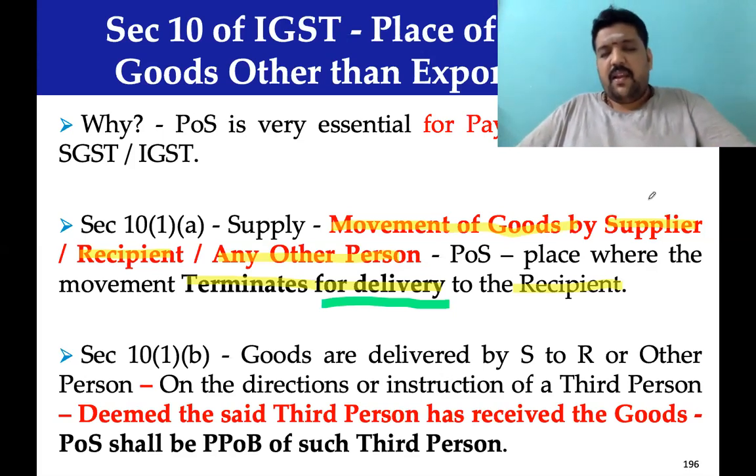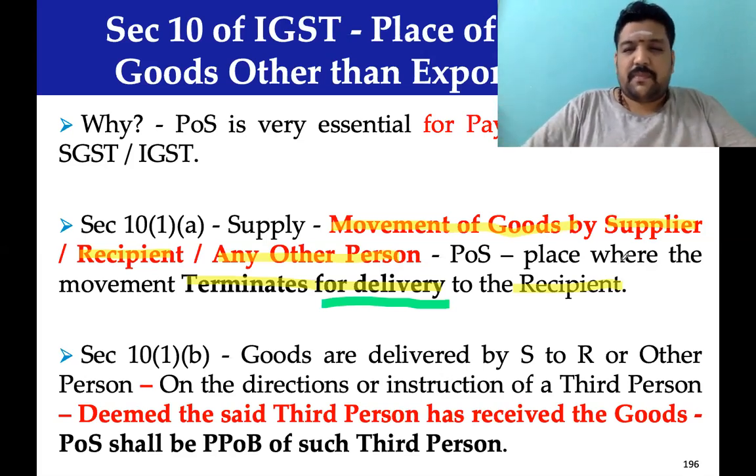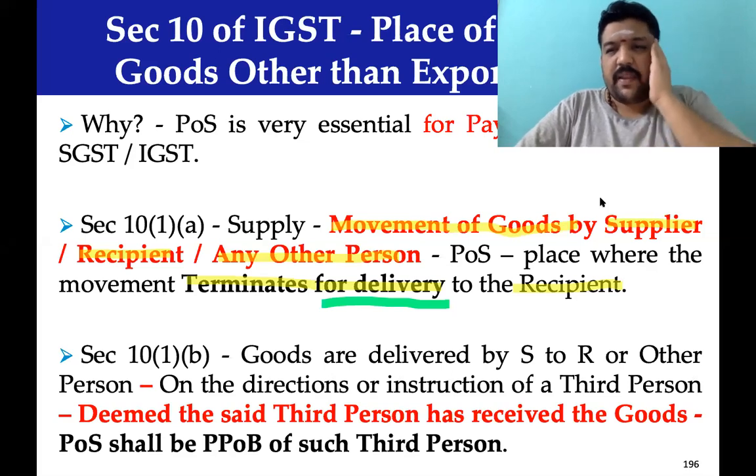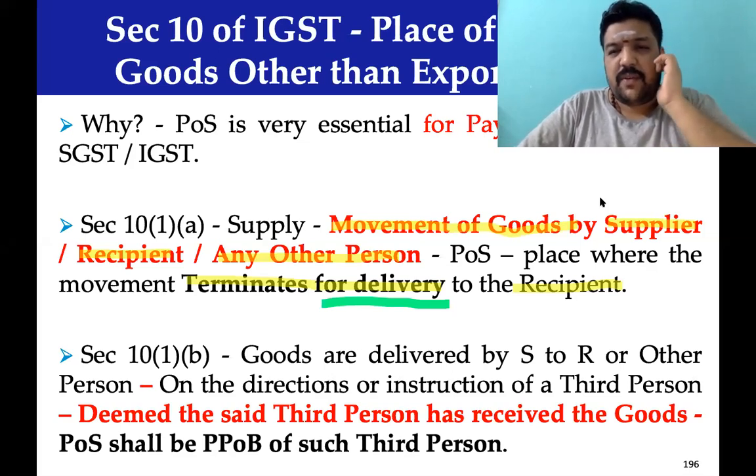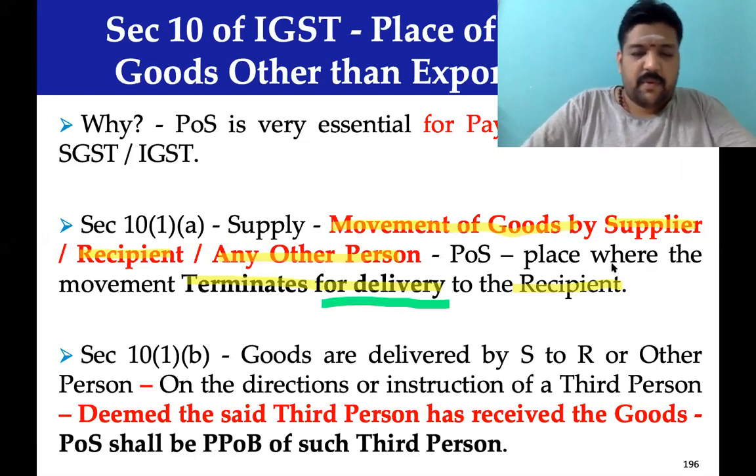Now, sir, if I determine place of supply as Tamil Nadu, what is the problem? Now, all of you who answered this question of A, B, and C, D Limited, where the goods are sold at ex-factory price.